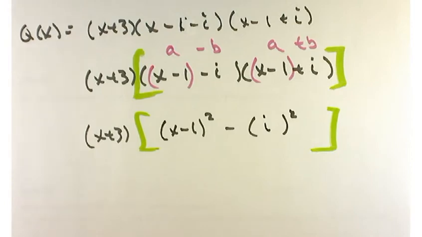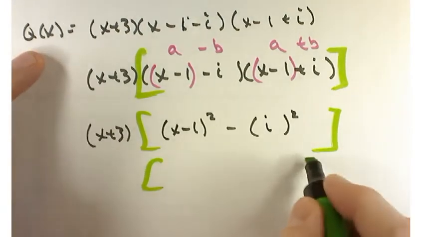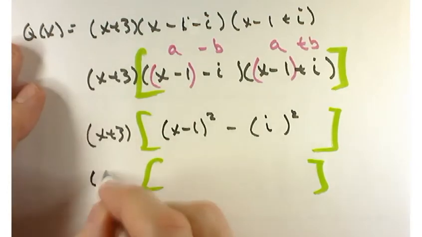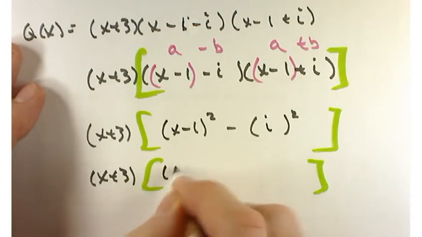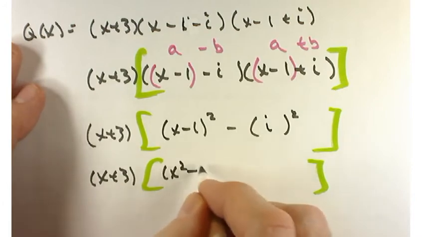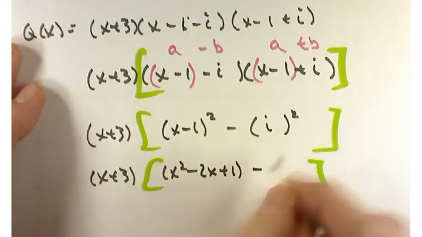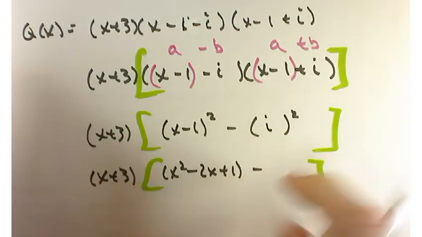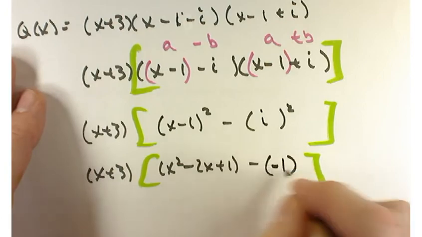So the nice thing is that we just did the x minus 1 squared. We know what that is. So that's going to be x squared minus 2x plus 1 minus, what happens when I square i? What do I get? Negative 1.